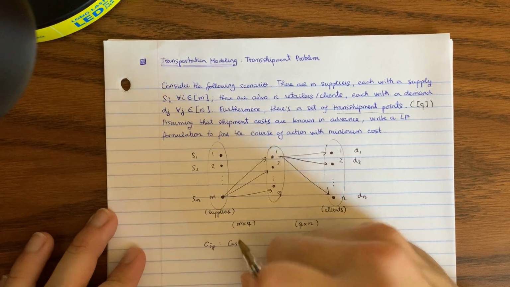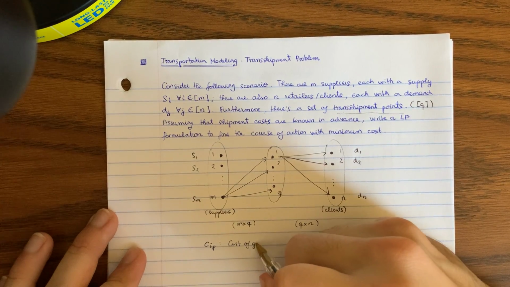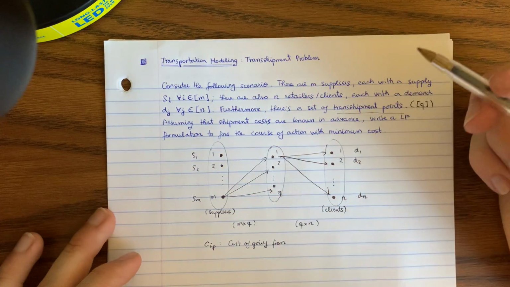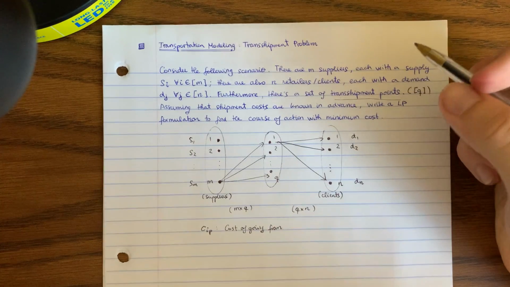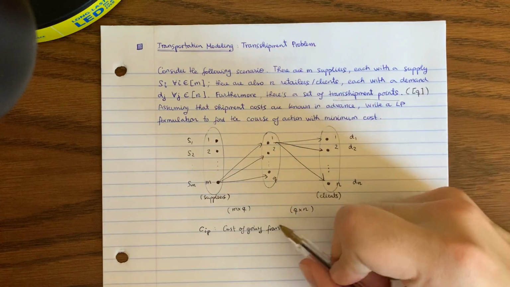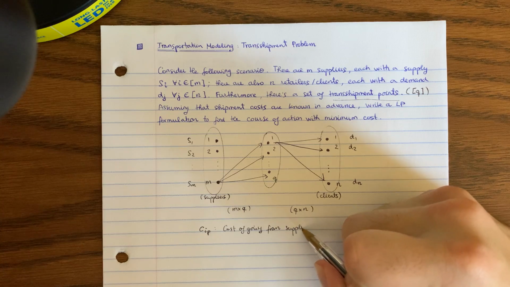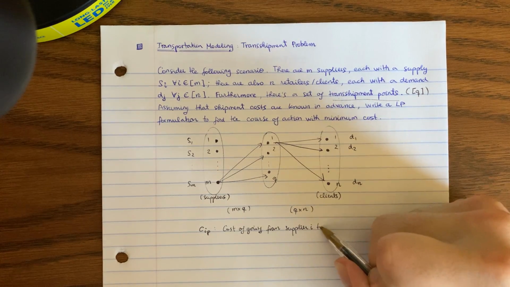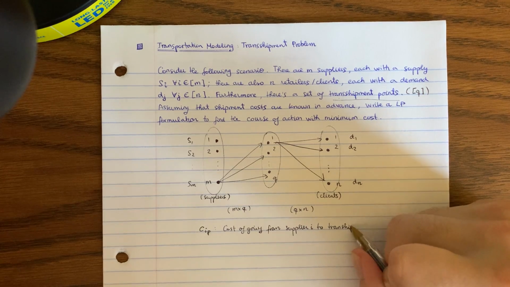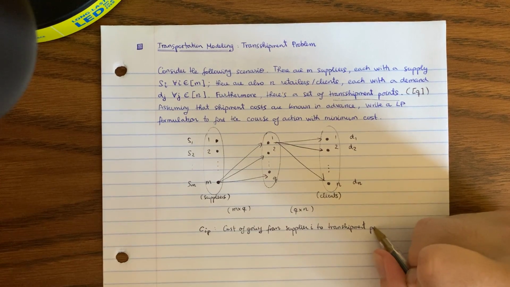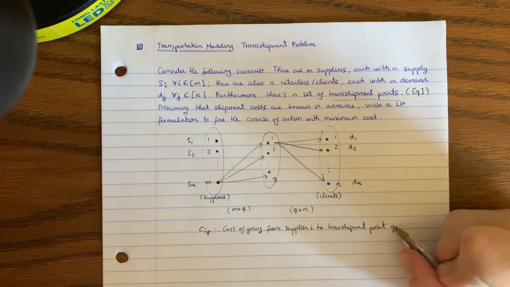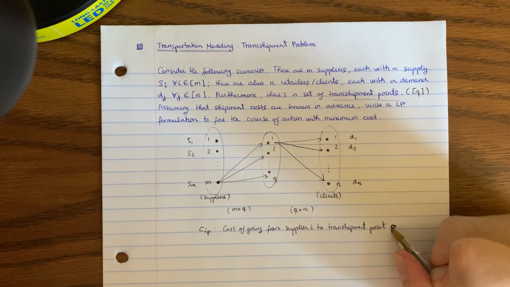It's the cost of sending 1 unit of product from supplier I to transshipment point P, right?